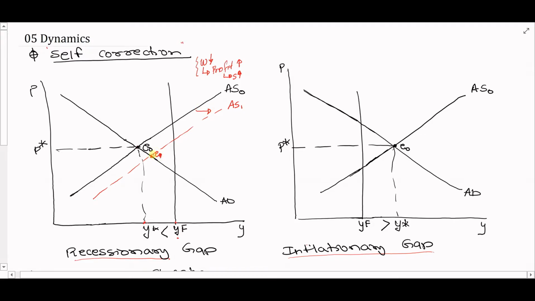And at E1, the situation is still the same. We are still facing a recessionary gap, and this process will still hold true, and the supply will still shift right from AS1 to AS2. And at AS2, we are still having the same situation, though we are narrowing down the gap slowly. There is still a gap, right? And as long as there is a gap, this mechanism of correction will keep on happening, and hence what is known as self-correction.